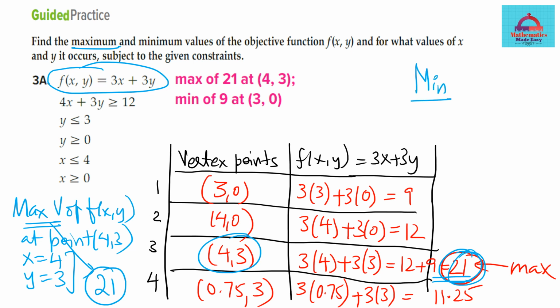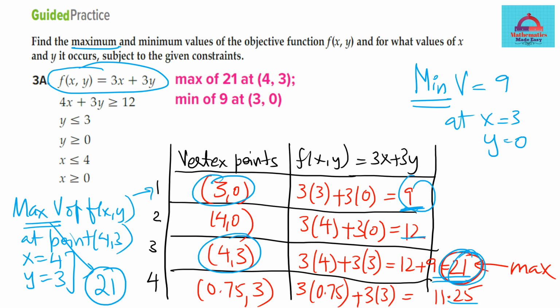For minimum, we need the least value, and if you compare 9, 12 and 11.25, then 9 is the minimum value, and it occurs at the point x equal to 3, y equal to 0. So this is how you get the maximum and minimum values of the objective function subject to the given constraints.